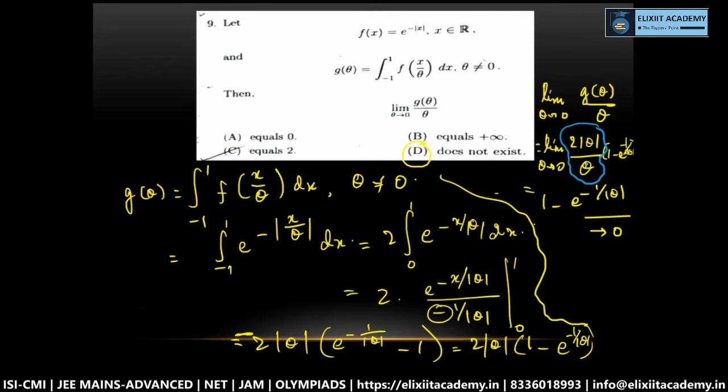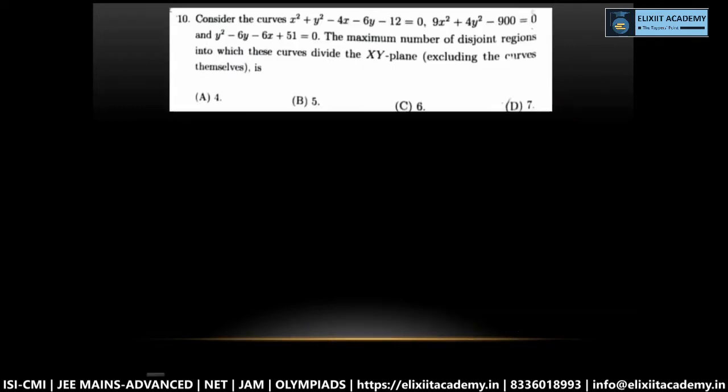Although it's a very basic limit form, the other term tends to 0 in all cases, so you just need to check this. This is either plus 2 or minus 2. The left hand limit and right hand limit will not be the same. In this case, the limit does not exist.